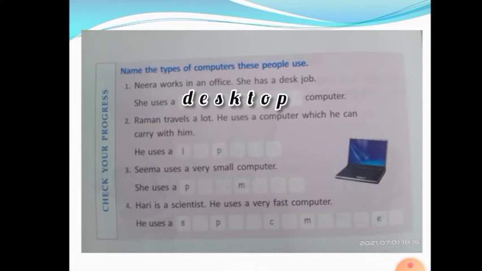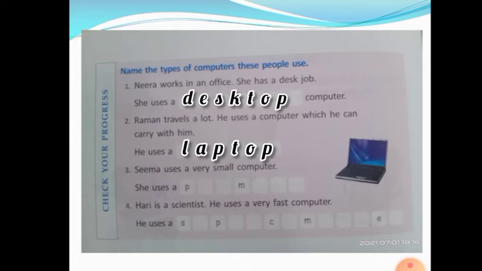Second one, Raman travels a lot. He uses a computer which he can carry with him. So, which type of computer does he use? Yes, laptop. What's the spelling of that? L A P T O P. Laptop.